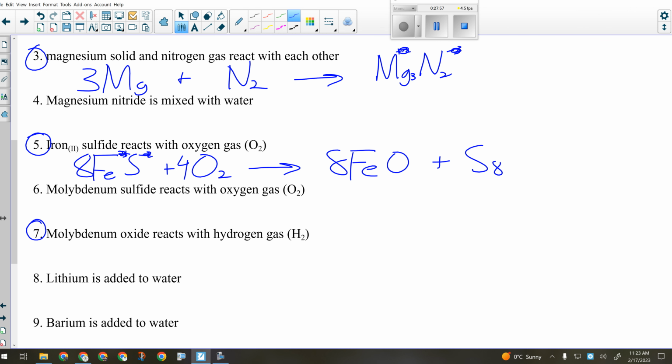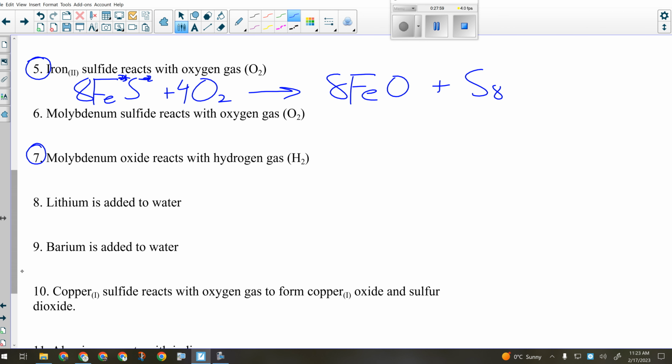And then lastly, molybdenum oxide. So molybdenum is Mo, and it's with oxygen, and it's a 6. So molybdenum is a +6, oxygen's a -2. 6 and 2 goes down to 1 and 3. It reacts with hydrogen gas, which is a metal.